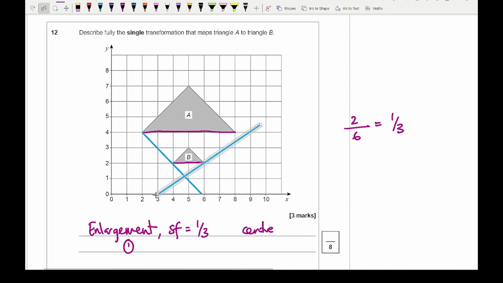So let me just, it's a bit more awkward doing it on here. And I can make out that my center of the enlargement is going to be at this point here, which is at the coordinate of 5, 1. And again, you get 1 mark for each bit of information that you write.